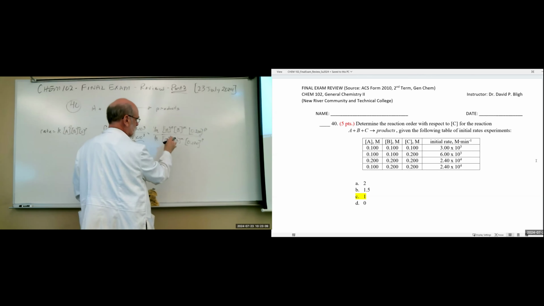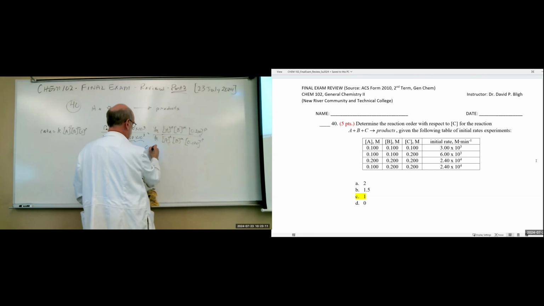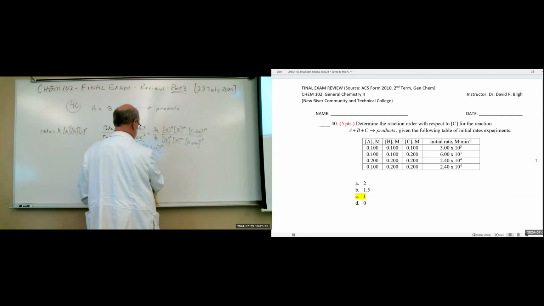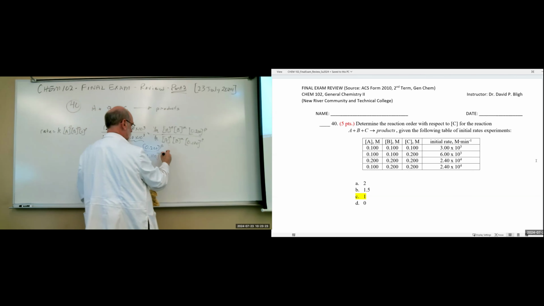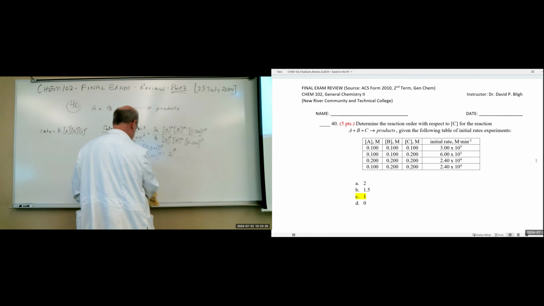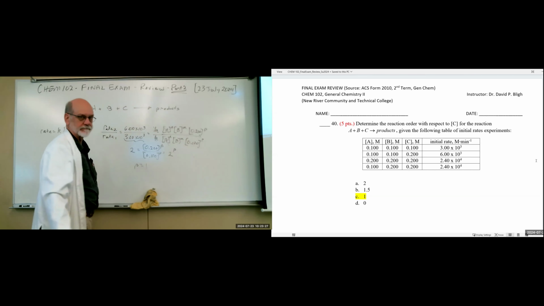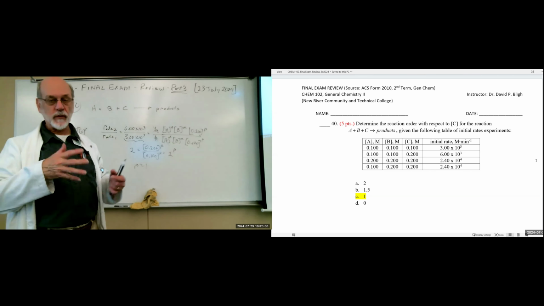This expression is 0.2 to the P divided by 0.1 to the P, which is 2 to the P power. So P equals 1. That's why C is the answer.